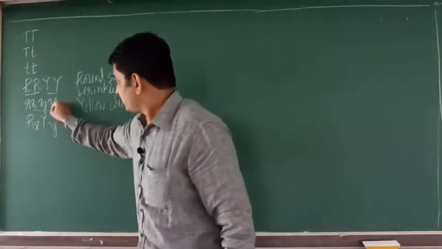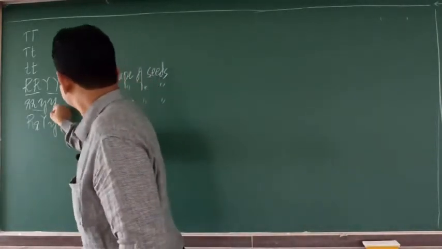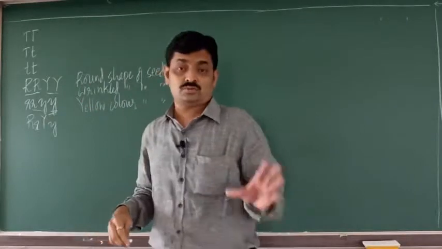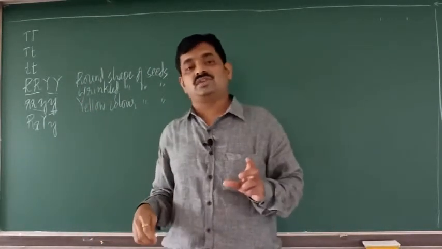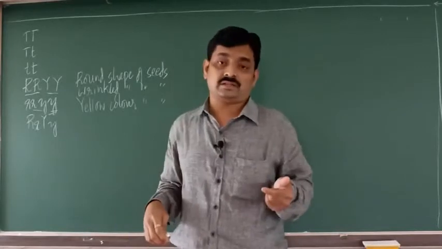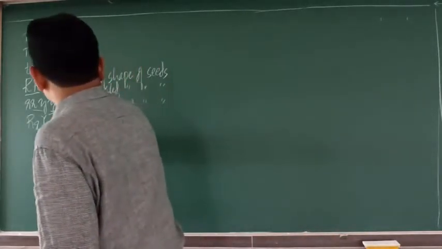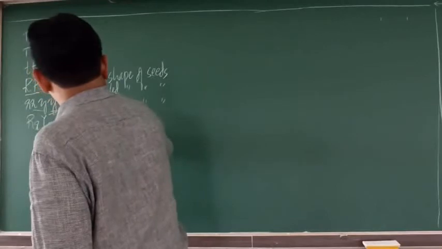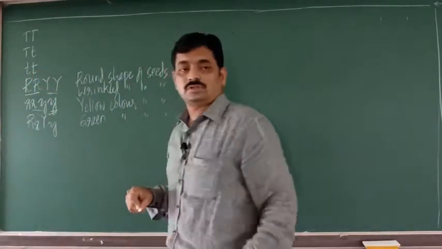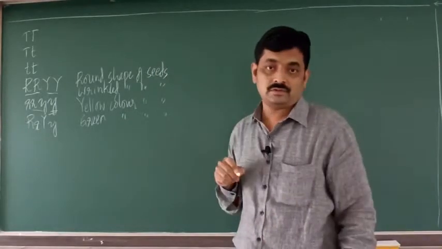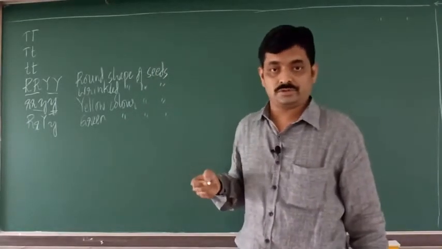Similarly, small y is a recessive gene. Which character does this recessive gene, small y, control? It controls the green color of seeds or cotyledons.